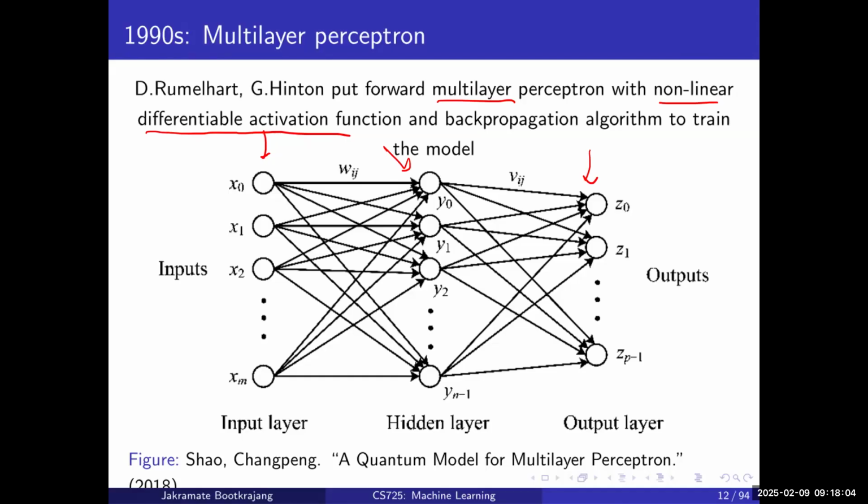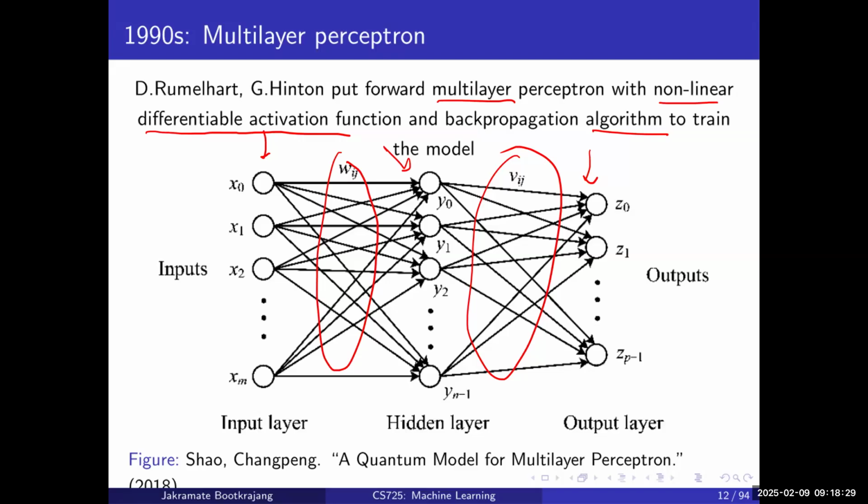And on top of that, they also came up with the algorithm to compute all the weights in the graph. Because when you have a very big function, it's going to be very difficult to write down the entire equation of the network.